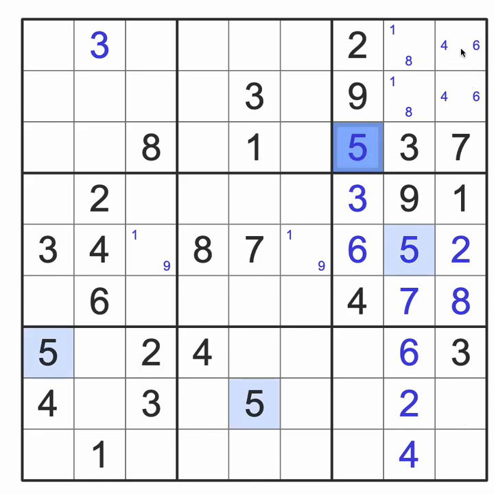Now these two are 4 and 6 double. That means these two will be filled by 5 and 9. But 5 here blocks this cell, makes it 9. That makes this cell 5.